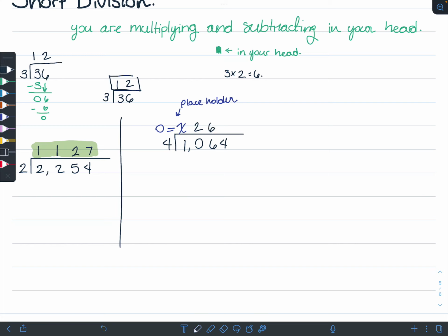Our best solution is 6. So 26 minus 24, the 2's cancel out. 6 minus 4, that's just 2 again. We bring down that 4 here. 4 times what number gives us our new number, 24? That's just 6 again.